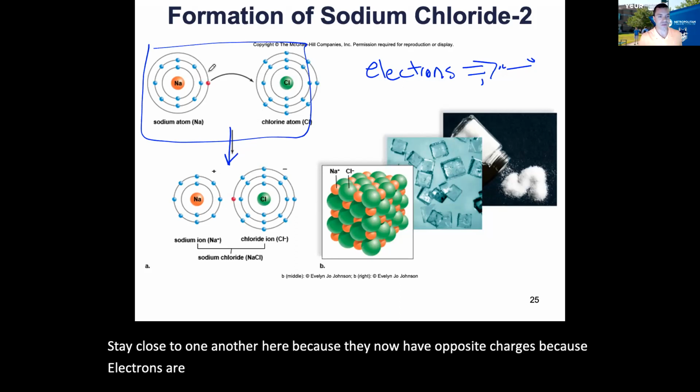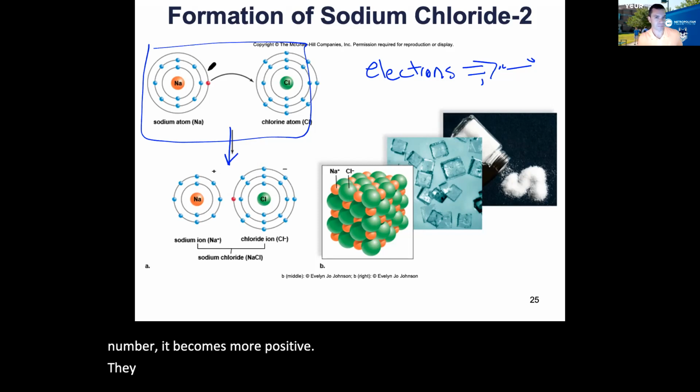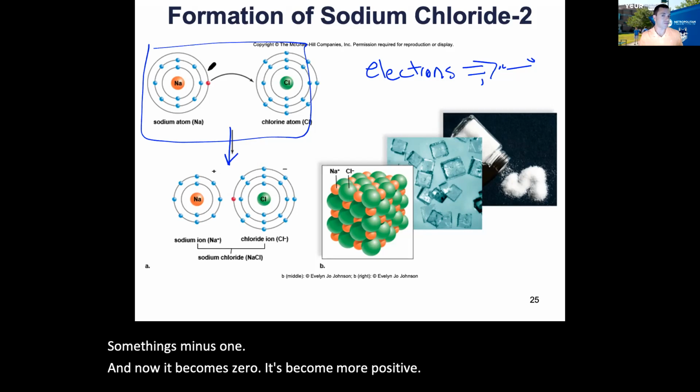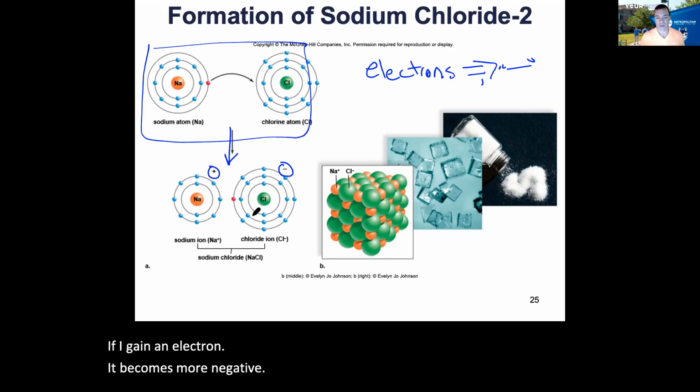When I lose an electron, when I lose a negative number, it becomes more positive. Does everybody see that? If something's -1 and now it becomes 0, it's become more positive. Conversely, if I gain an electron, it becomes more negative. So that's why the chloride ion is written like this, Cl-.